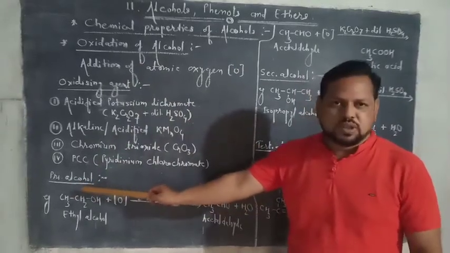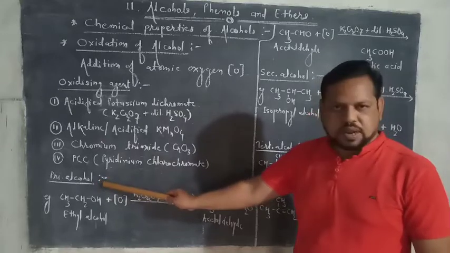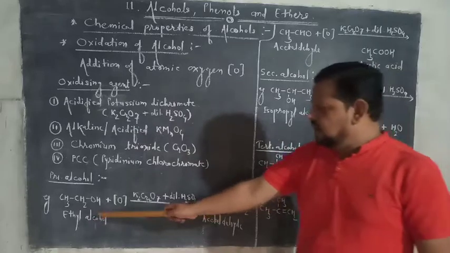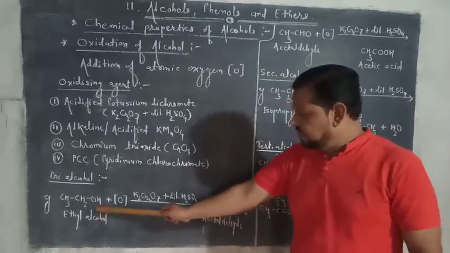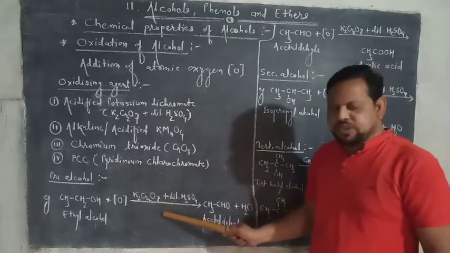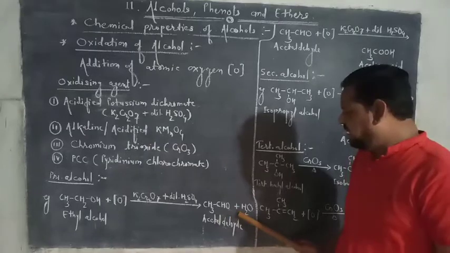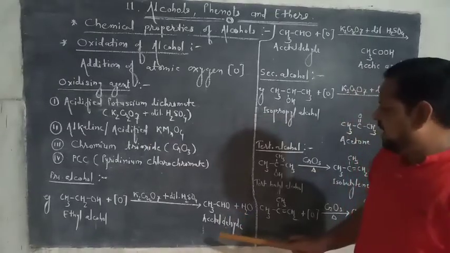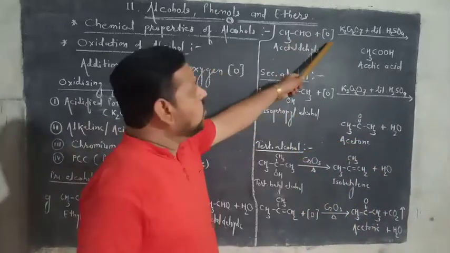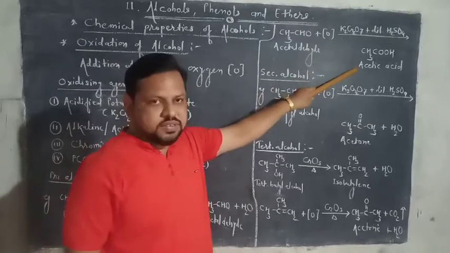First of all, we discuss the oxidation of primary alcohol. See here the example of primary alcohol, ethyl alcohol. This ethyl alcohol is oxidized by acidified potassium dichromate, and it gives acetaldehyde and water. Then this acetaldehyde is again oxidized by acidified potassium dichromate and gives acetic acid.